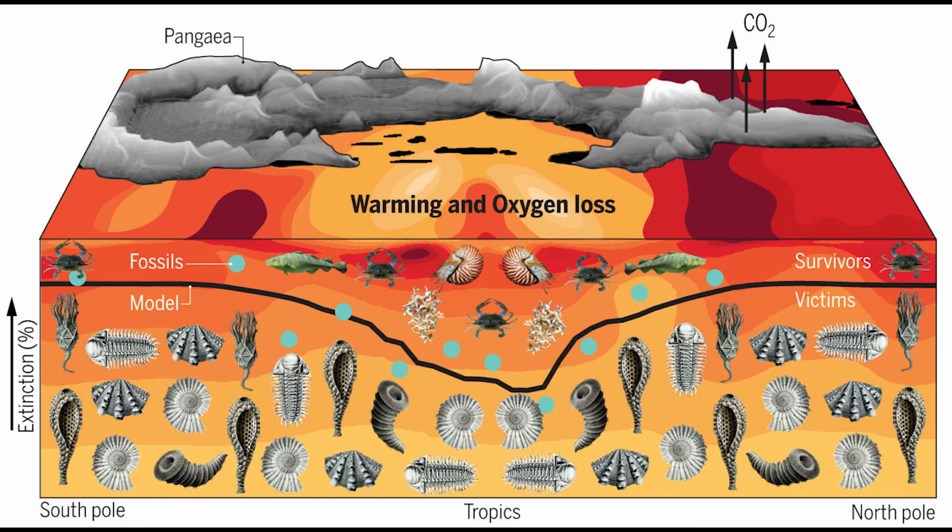Mass. A mass is a large quantity or number. In this video series, we will find out about the 5 mass extinctions of the past and the 6th mass extinction we are in right now.